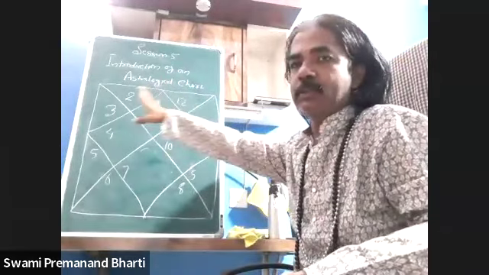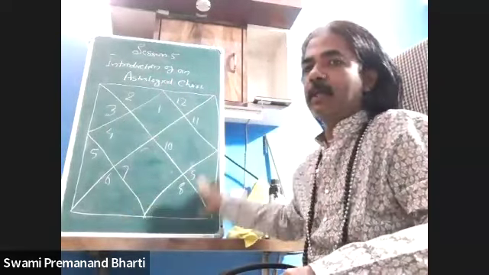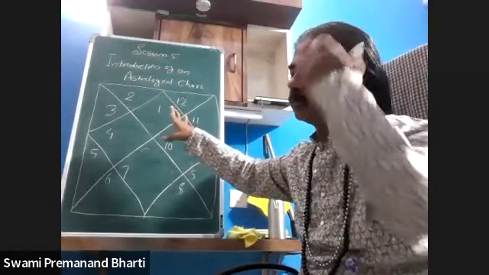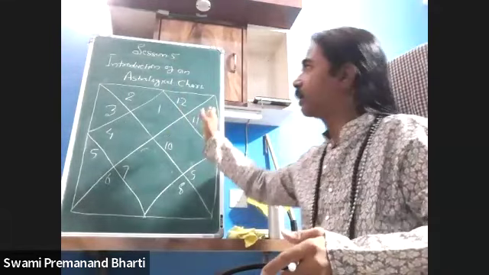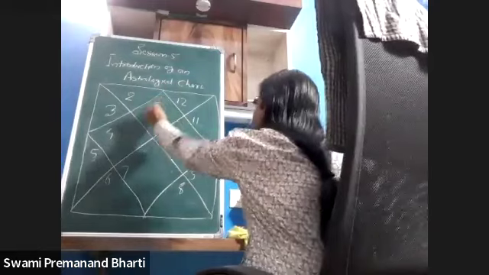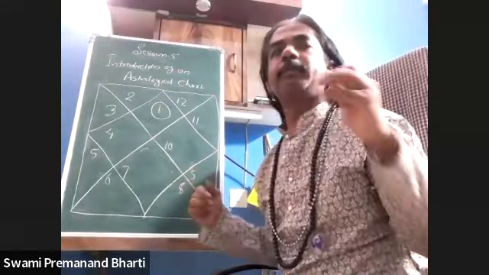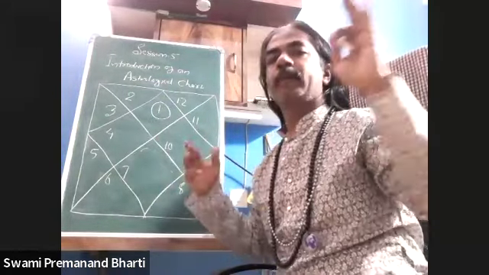So every house is 30 degrees long, and that's how we need to count. Counting always begins from the house where I have written one. This is always the first house, depending on your ascendant.